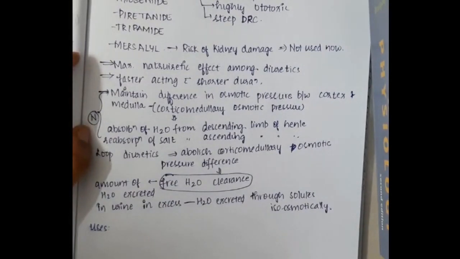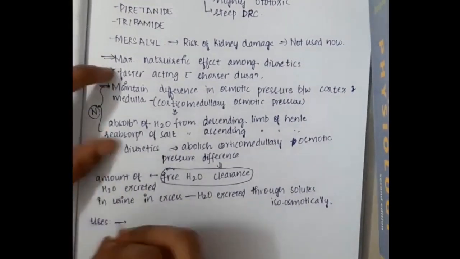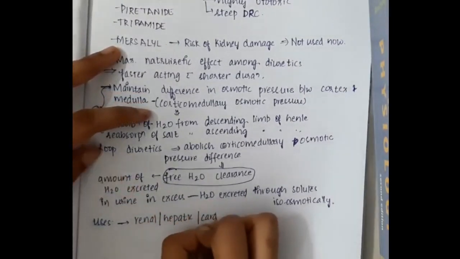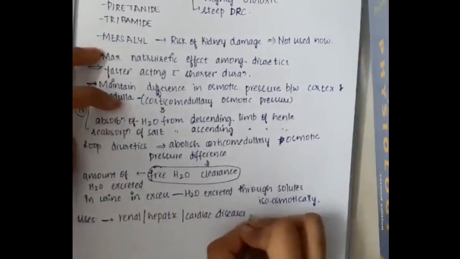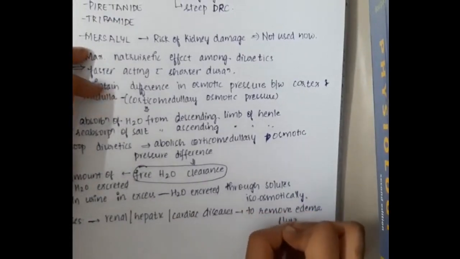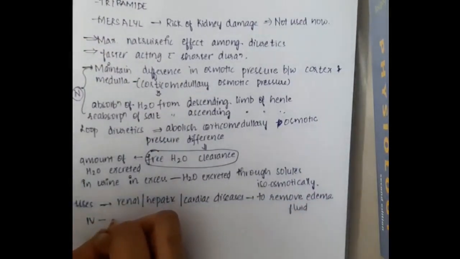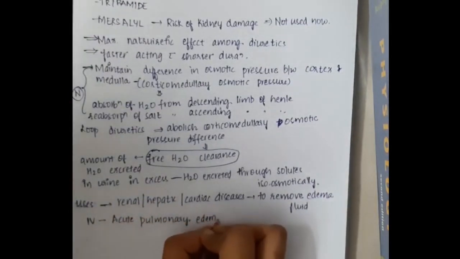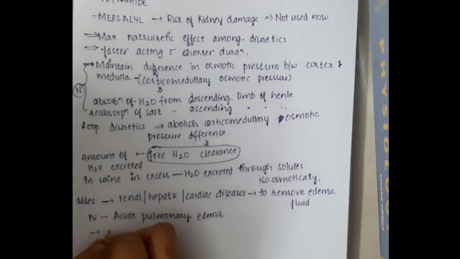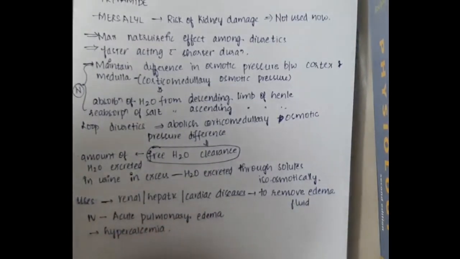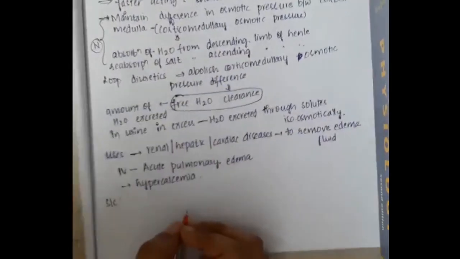The uses of loop diuretics: they are used in renal, hepatic and cardiac diseases, mainly to remove the edema fluid. They are used IV for acute pulmonary edema, and they are also used for hypercalcemia.